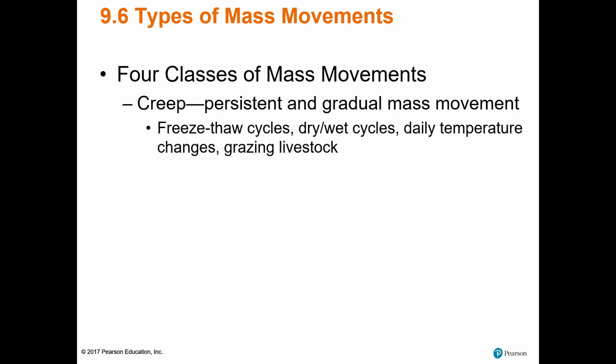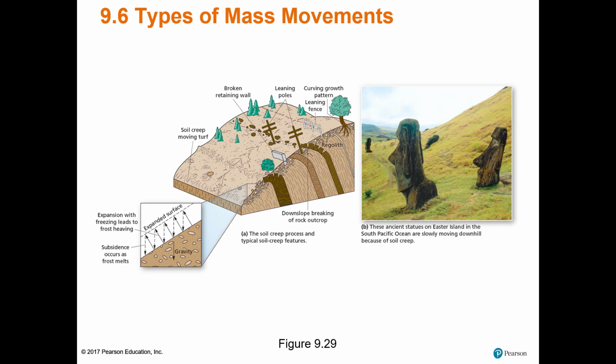A creep is persistent and gradual mass movement. It's slower, and this happens with freeze-thaw cycles, dry-wet cycles, daily temperature changes, and grazing livestock. And so the creep is depicted here.